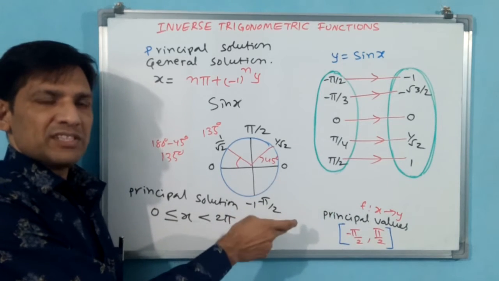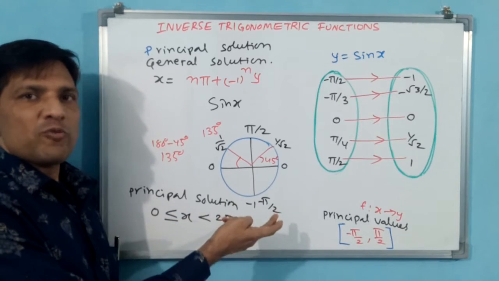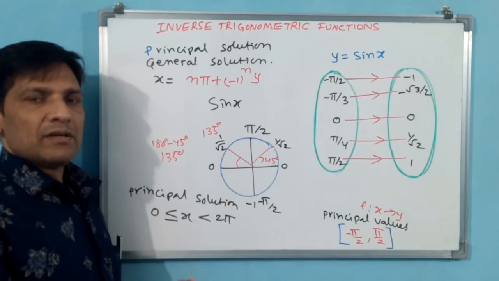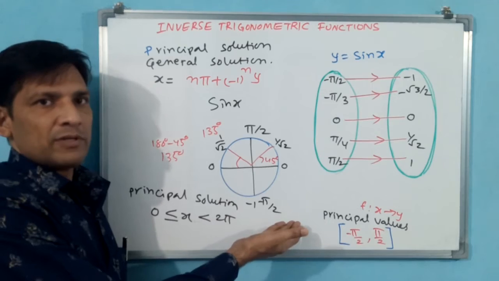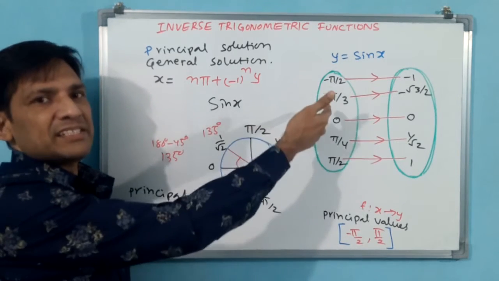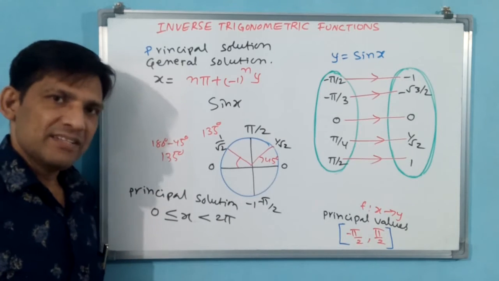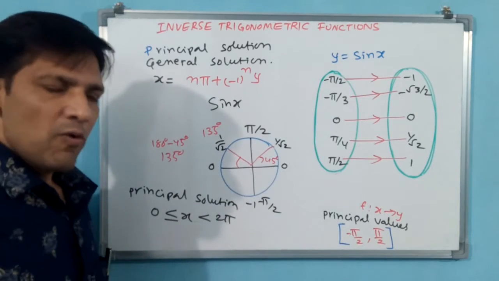Root 3 by 2 means 60 degree, or pi by 3. 1 by 2 means 30 degree, pi by 6. 1 by root 2 means 45 degree, pi by 4. Minus root 3 by 2 means minus 60 degree. Minus 60 degree means minus pi by 3. Like that you can tell. Now inverse also we can get easily.